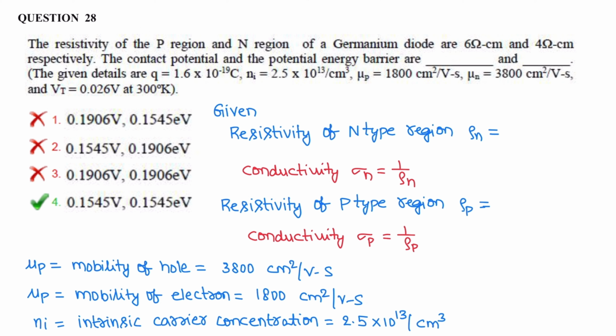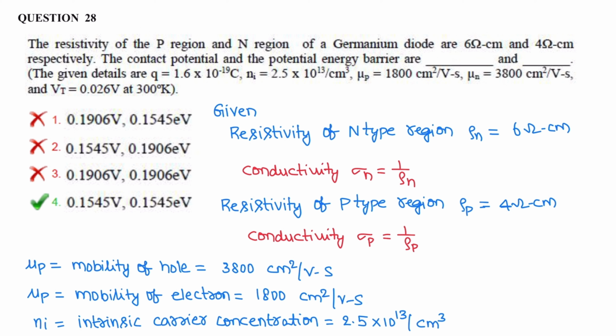Question number 28. The resistivity of the P region and N region of a germanium diode are 6 ohm centimeter and 4 ohm centimeter. So given the resistivity of the N type region, rho n, is 6 ohm centimeter, and the resistivity of the P type region is 4 ohm centimeter.